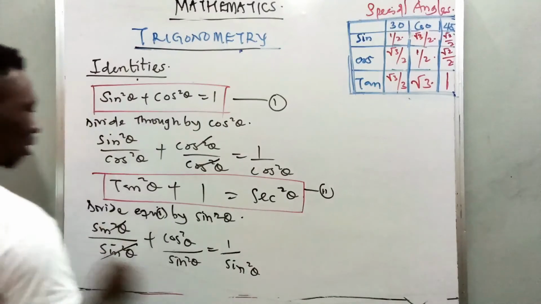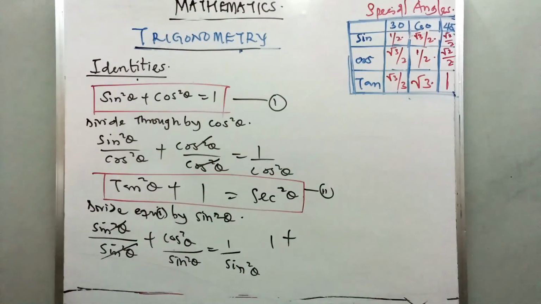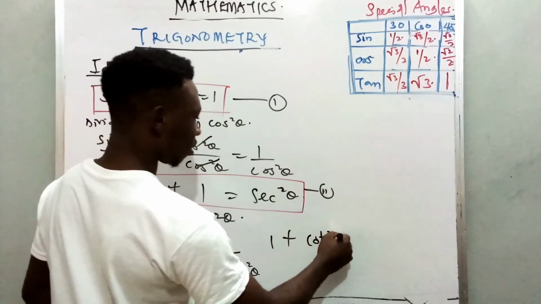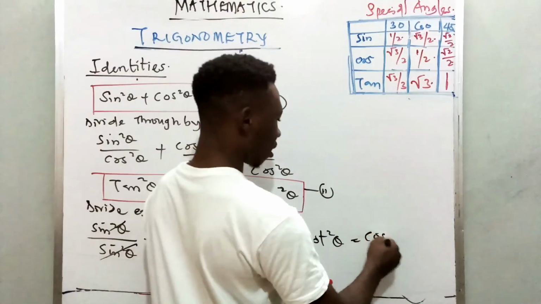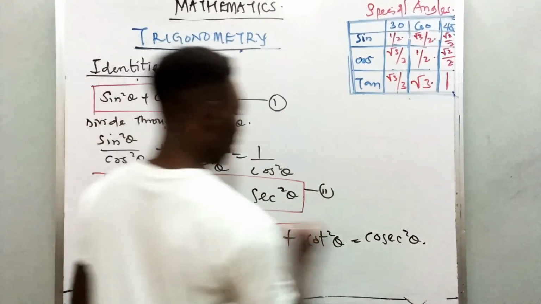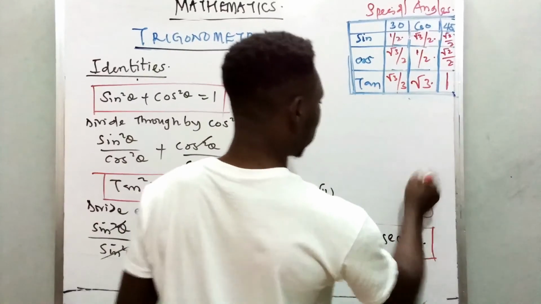So this cancels, then we're left with 1 plus cot squared theta, that is cos squared theta over sine squared theta, is equal to 1 over sine squared theta. That's going to give us cosec squared theta. This is another identity, called equation 3.